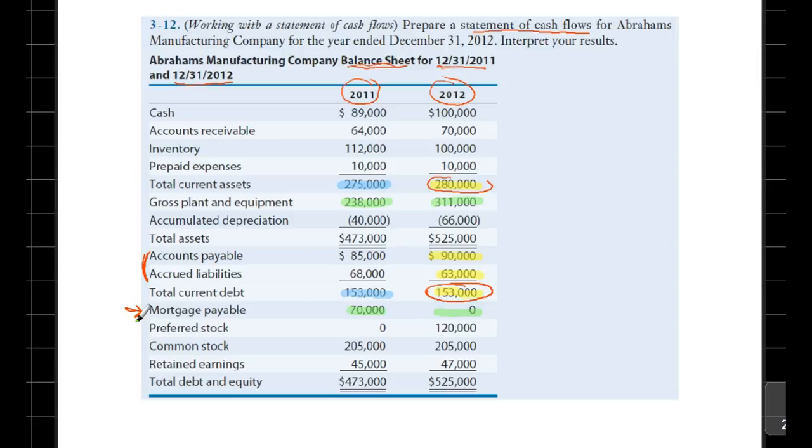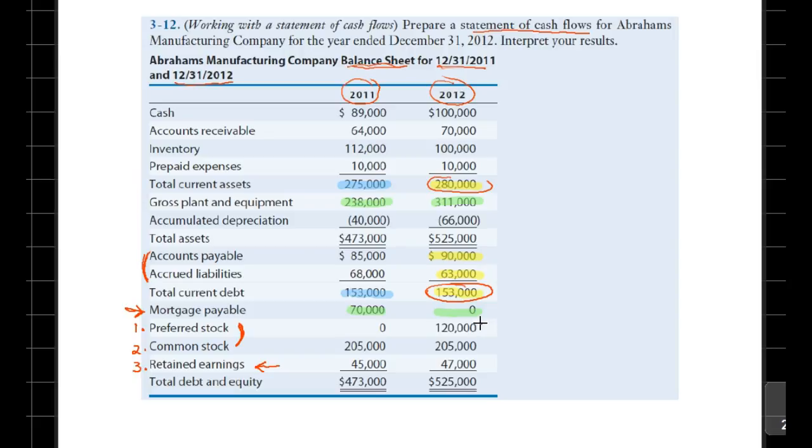We have 3 of them here: the first one is preferred stock, the second one is common stock, and the third one is retained earnings. Remember the formula, change in equity, however, omitting retained earnings. In that case, we will only focus on the first 2, preferred stock and common stock.